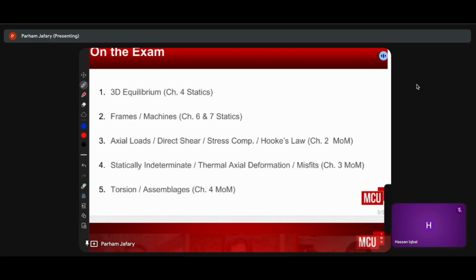So we're gonna start from the statics section. The first question that I'm gonna solve is this one. It's from chapter 4. I'm gonna give you guys 1 or 2 minutes to think about it, and it would really help you a lot if you could actually try to solve it, at least in your head.